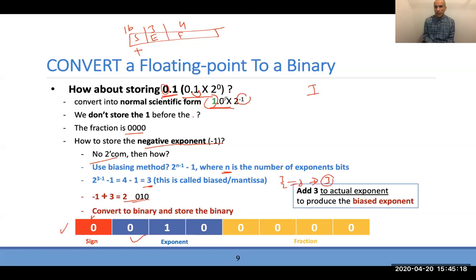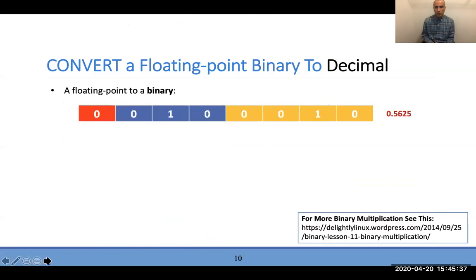If it's not normalized, normalize the number. When you normalize it, you'll figure out the exponent. Once you figure out the exponent, you add 3 to it. That way you will figure out what you need to store in the 3 bits that you have. Then here you store the sign and whatever fraction you have. That's it, period. So this is when you need to store a number. That's basically what you need to do.